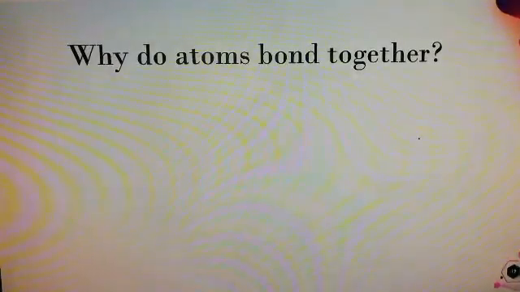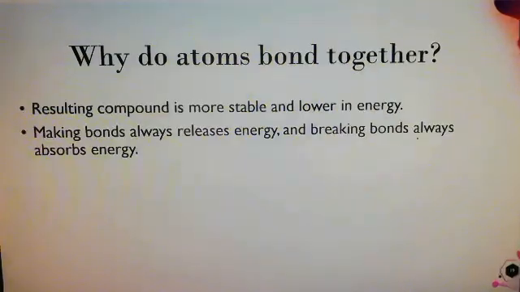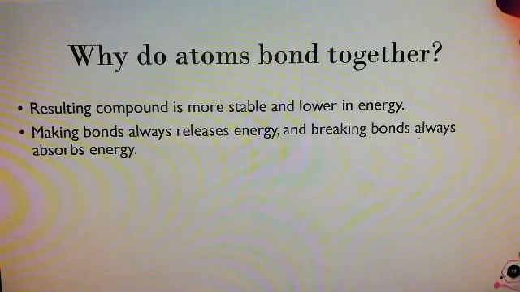So, why do atoms bond together? So, atoms bond together because the resulting compound is more stable and lower in energy than the separate atoms. And energy, usually as heat, always flows out of the chemical system when a bond forms.